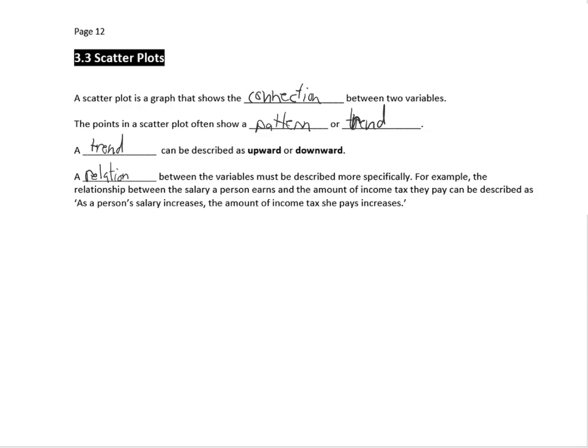A relationship between variables must be described more specifically. For example, the relationship between the salary a person earns and the amount of income tax they pay can be described as: as a person's salary increases, the amount of income tax she pays increases.